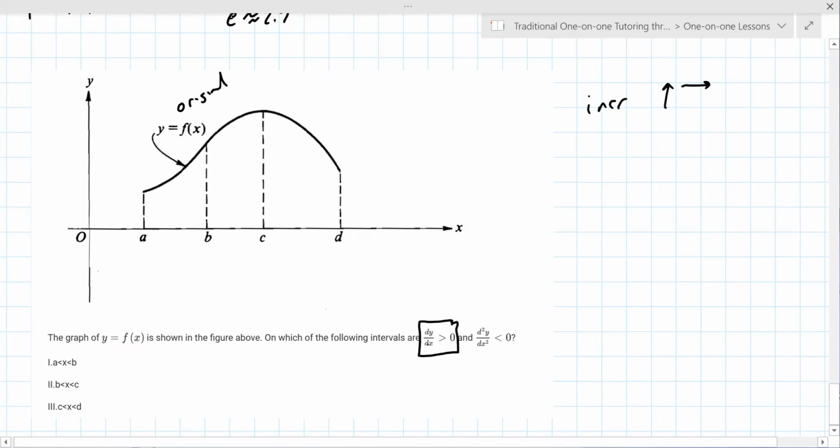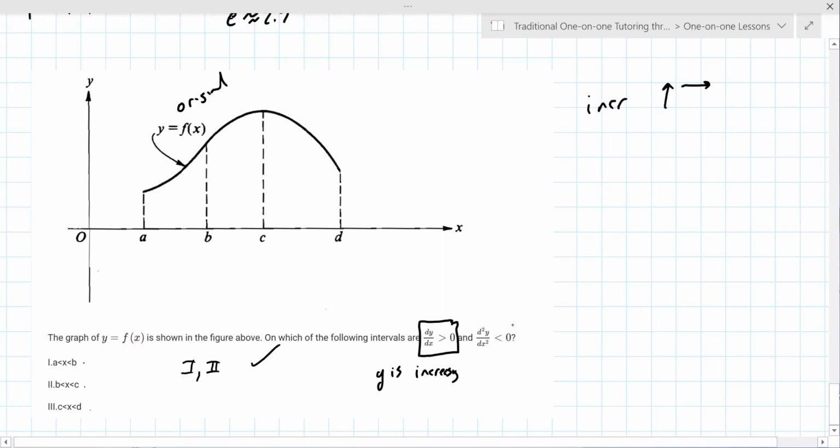That means y is increasing. So where is y increasing? It's increasing from A to C. So that's true, it's increasing there, but not there. So 3 is out. Statements 1 and 2 so far are true.